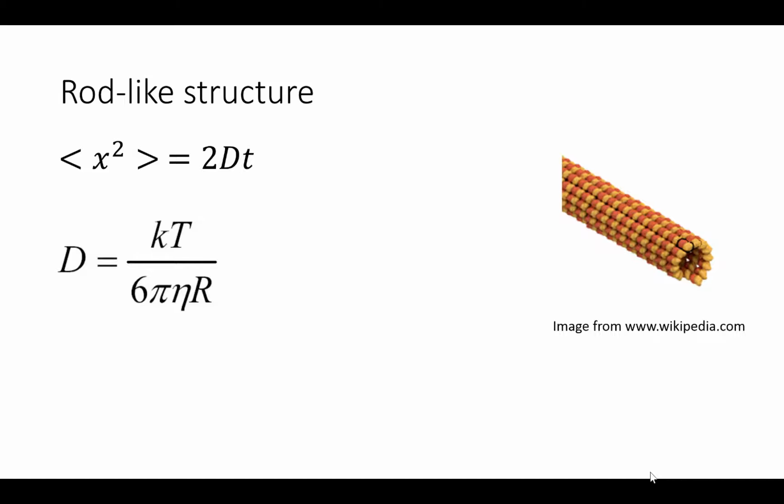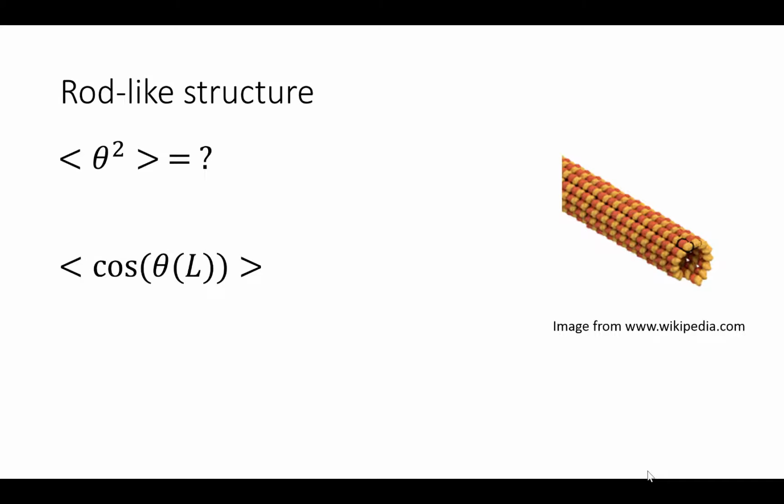The small changes in direction add up after some distance, but the mathematical description is a bit more complicated than for diffusion. A neat formula would emerge, not if we average the square of the change in the angle, but if we average the cosine of the change in the angle for a given distance L from the starting point.